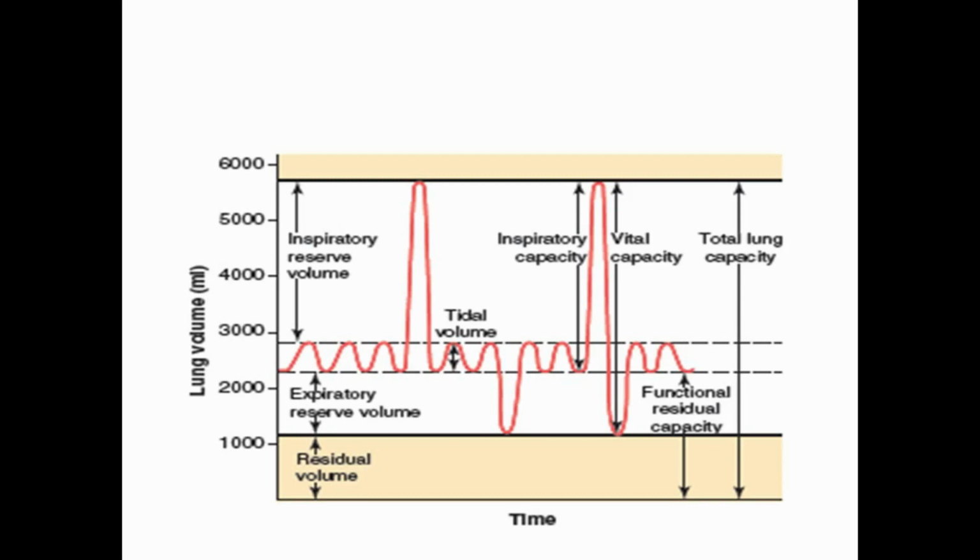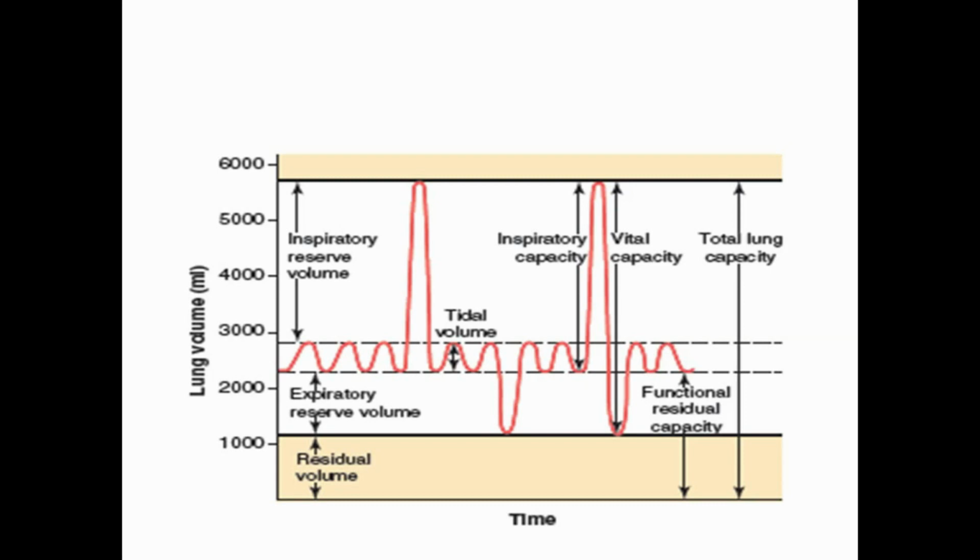You combine this 500 ml of tidal volume with the 3500 ml of inspiratory reserve volume, which gives you the inspiratory capacity of the lung. Or simply, as a formula, inspiratory capacity is equal to inspiratory reserve volume plus tidal volume. That is the inspiratory capacity.